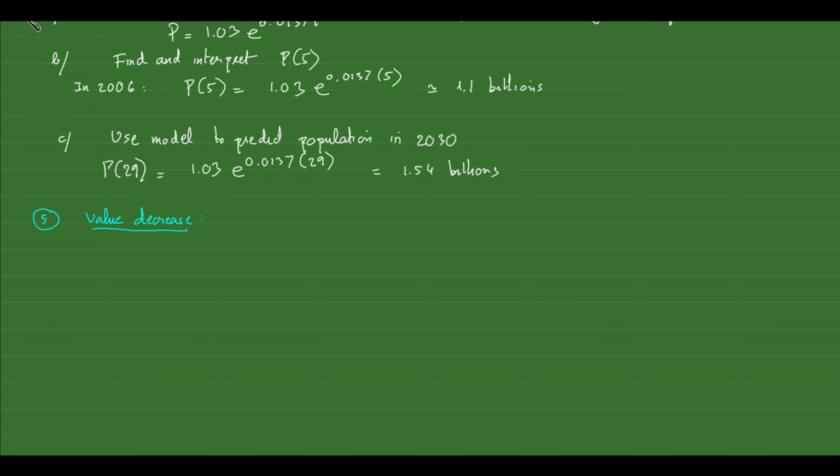We're going to use this formula: A equals P0 times 1 minus r raised to the t.